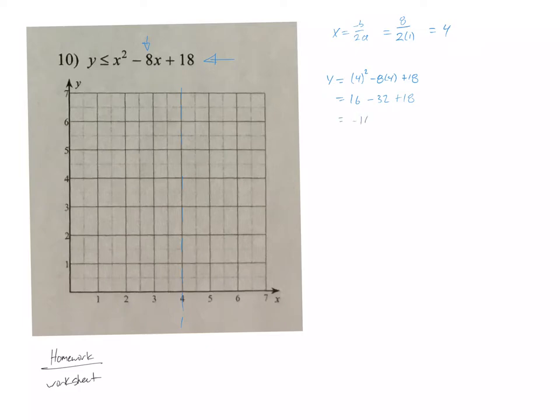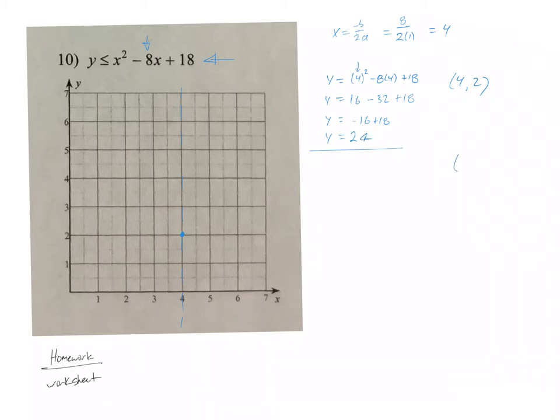It's going to be negative 16 plus 18, which is going to give me, what is that? Positive 2. So right here's my vertex. So I have this point 4, 2. I plugged in 4, and I got out 2.